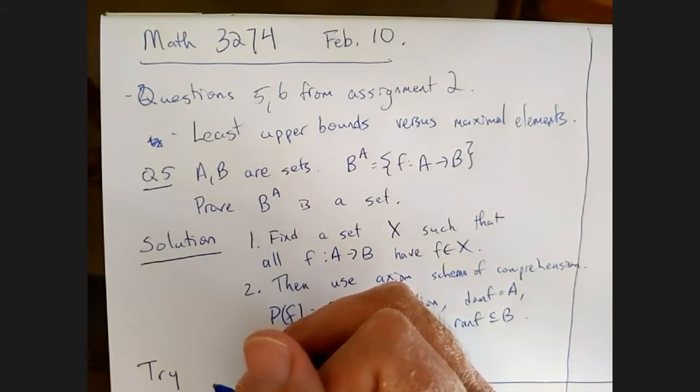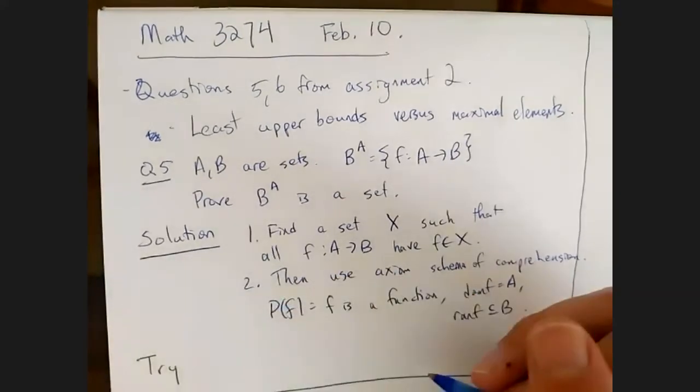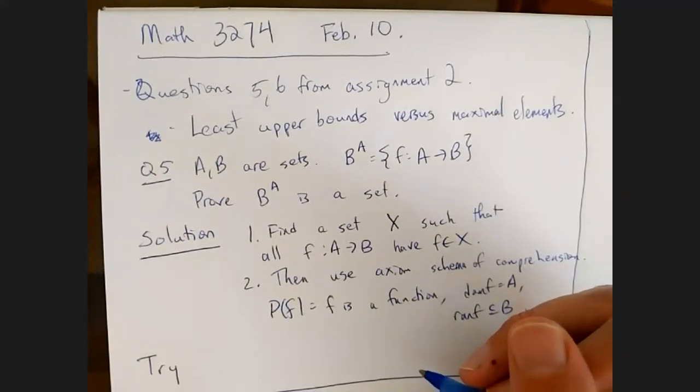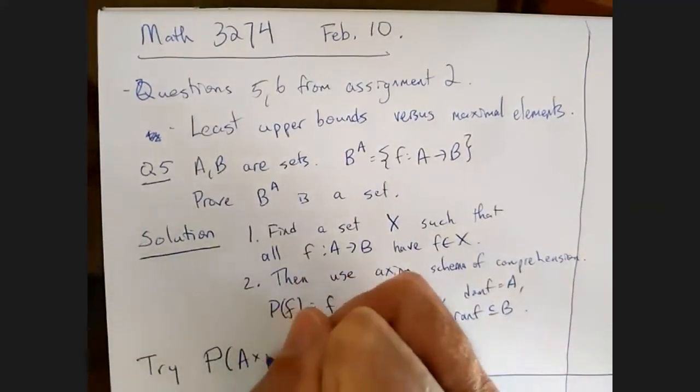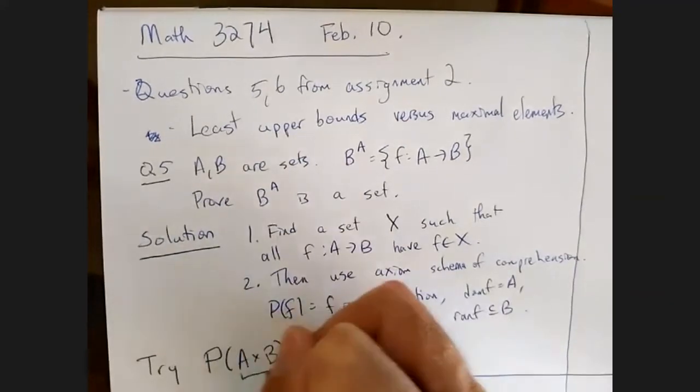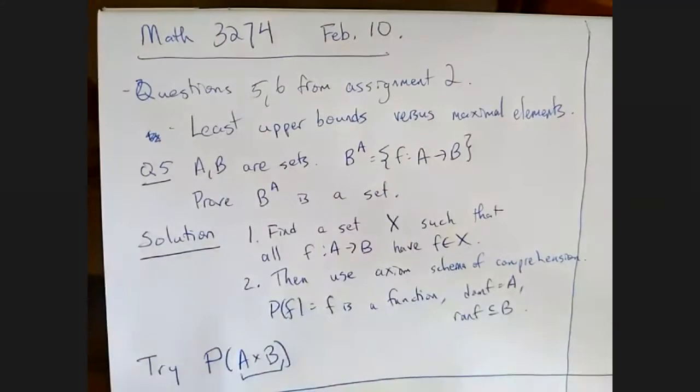Yeah, this is a good idea. So in the chat, Joshua has suggested the power set of A cross B. This is a set because A and B are sets, so we proved the Cartesian product is a set, and the power set of a set is still a set.